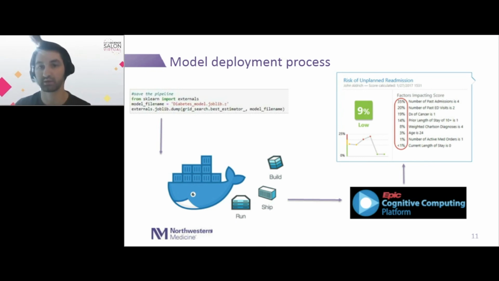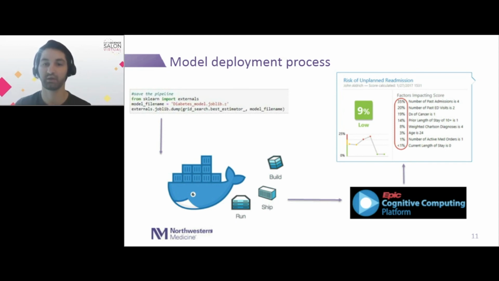So what's driving this 9% low risk of an unplanned readmission? You can see 35% of that is due to the number of past admissions, which is 4. This is something clinicians really like to see, because if you just give them the percent and say this is the score, they have a lot of questions, and that's not really helpful for them.